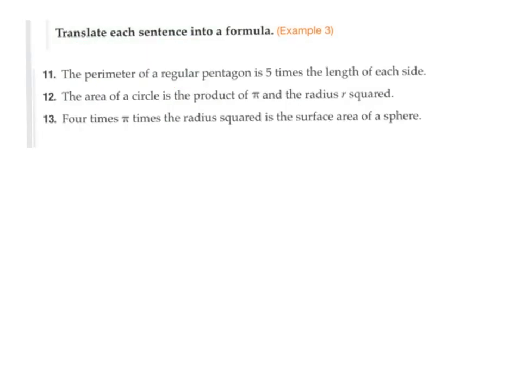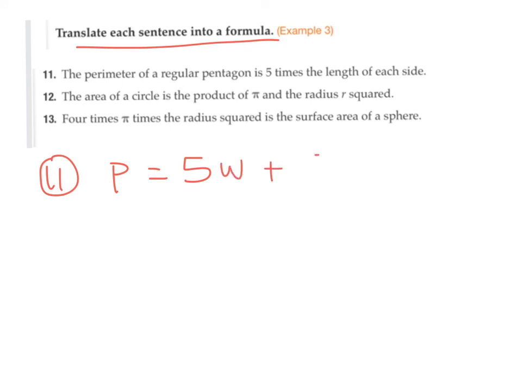We're going to translate these formulas, and some of them you know, so let's do 11. The perimeter of a rectangle is 5 times the length of each side. So the perimeter of a rectangle, and a rectangle has a width and it has a length. So I use W for its width and length L. Let's look at 12.